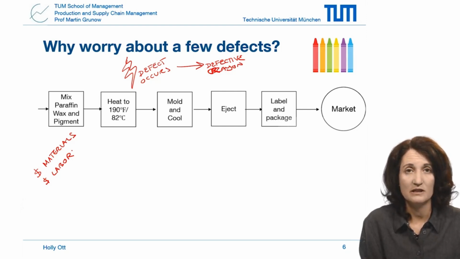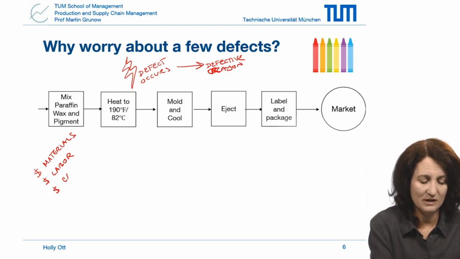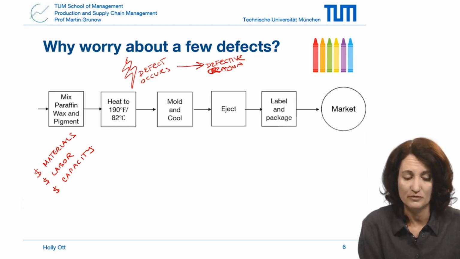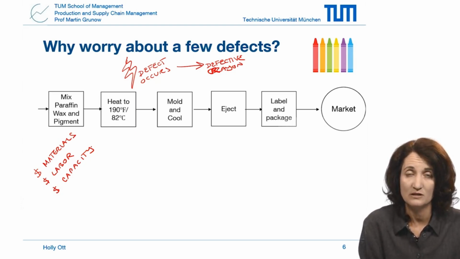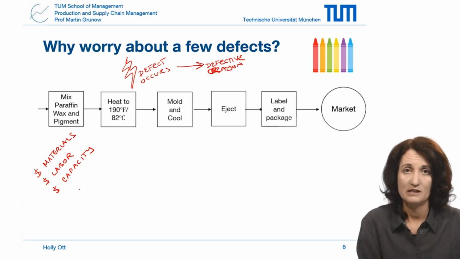Now, the other interesting thing is if we have a process where we have a high demand and we have a capacity constrained process, then we're using, well, in both cases, even if it's not capacity constrained, we're using up capacity on machines. We're using up the energy costs, for example, for heating up the mixture. The molding machine, we're molding products that could potentially not sell. So the capacity is being used up.